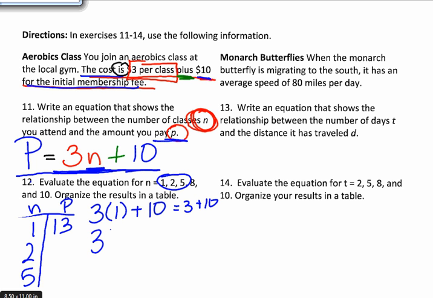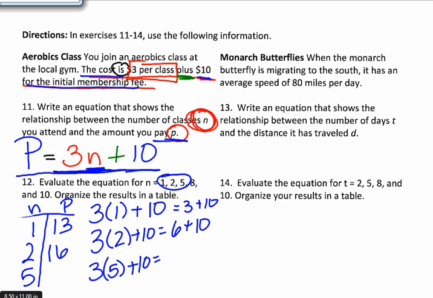Next one, we're going to plug in 2. 3 times 2 is 6 plus 10 gives me 16. Again, what I thought originally. 2 classes would cost me $16. And our last one, we're going to plug in 5. 3 times 5 is 15 plus 10, 25.